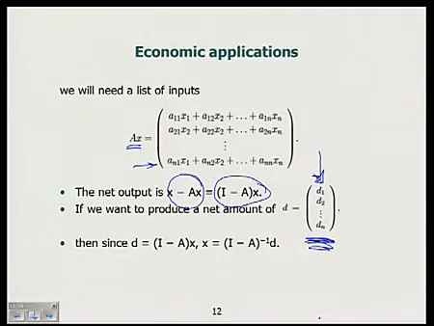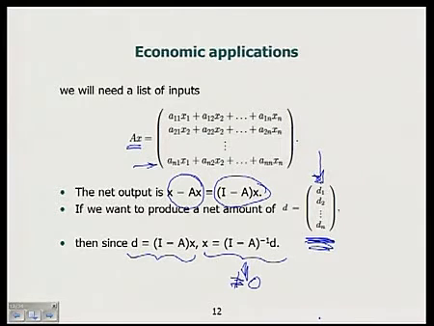Then we build this equation: d must be equal to (I minus A) times x, and then, of course, x must be equal to the inverse of (I minus A) times d. Then we need this element to be different from 0 if we want to calculate x.